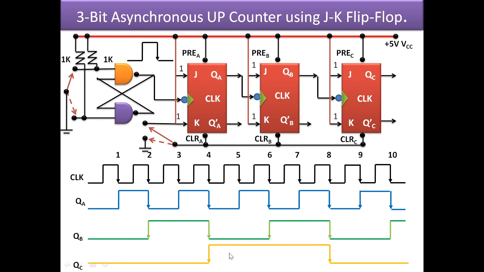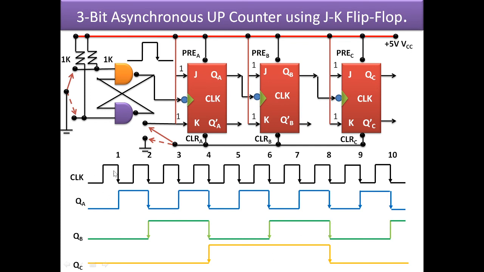So the listeners are requested to ignore this too. We are only considering the falling edge of the clock. So the output of the last flip-flop will respond to the falling edge of the QB output, and similarly the next toggling of the output will happen on the next falling edge of QB.